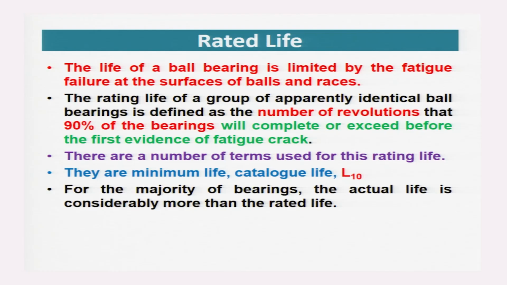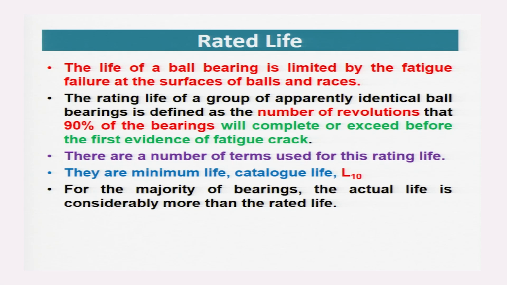Then again it comes near to the line of action of the radial load, the load on the ball increases, it becomes maximum, and then again it starts reducing and will become 0 when the ball moves along the upper half of the bearing. So, the load is a fatigue load. So, the life of the bearing is limited by the fatigue failure at the surfaces of balls and races.